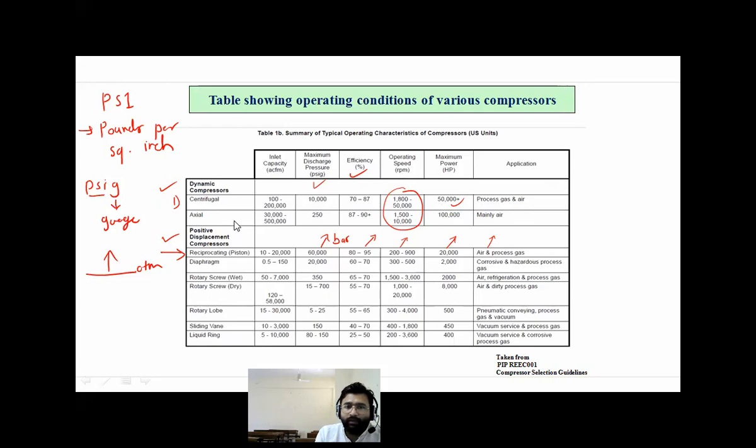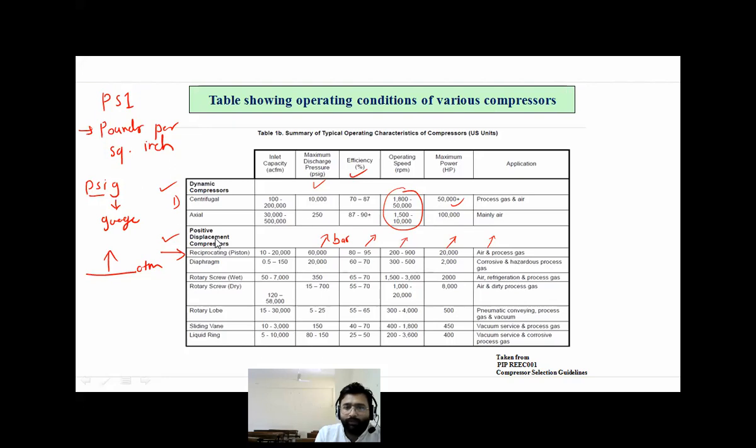Then we have axial. Axial has somewhat larger air intake capacity. It also has larger efficiency compared to centrifugal, and it is mainly used for air. Also, axial compressors require larger power.